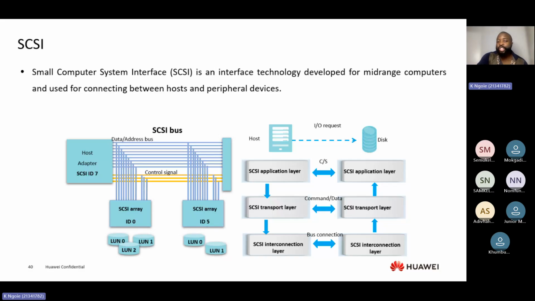We have many other systems there. When we talk about SCSI, this stands for Small Computer System Interface. It is an interface developed for mid-range computers and used for connecting the host and some peripheral devices. Basically, this is one of the oldest.